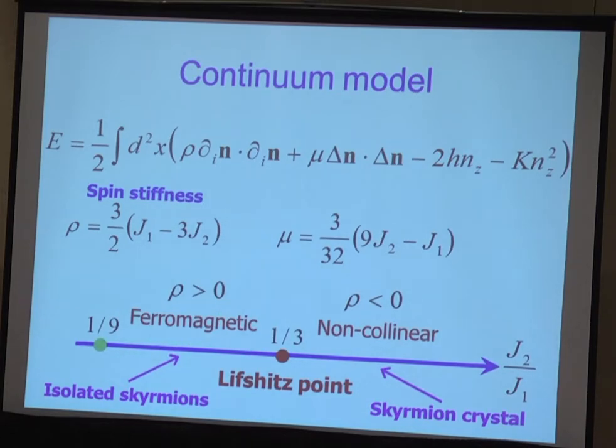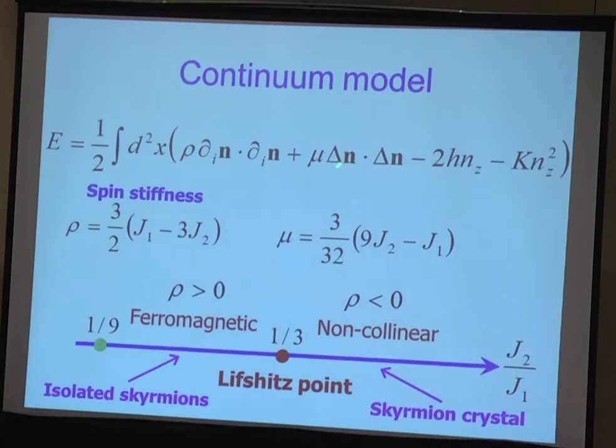But it turns out that still Skyrmions can be present as isolated topological defects also in this case. And that is very nice because you don't need very strong frustration in order to stabilize those defects.